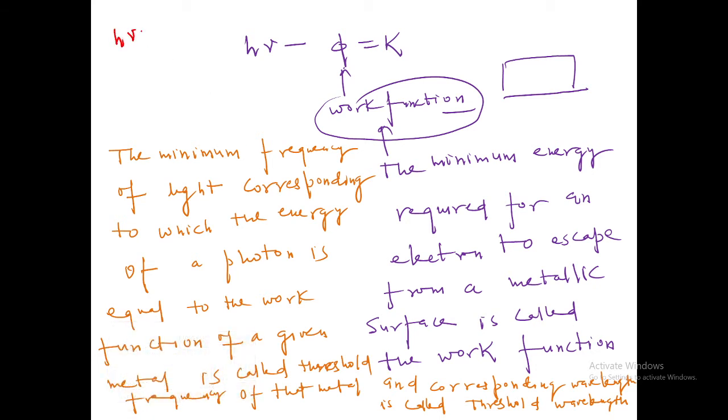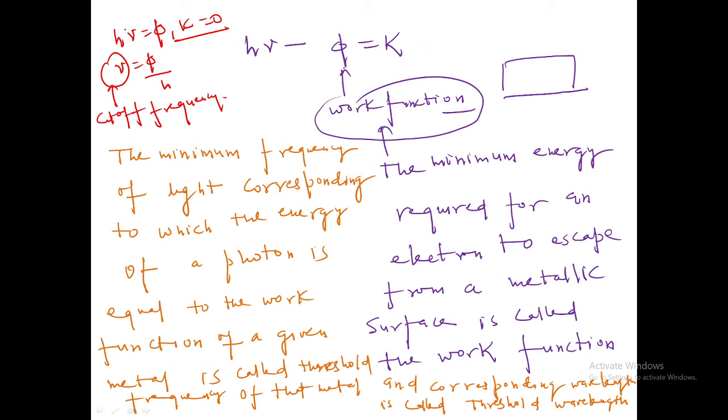when h nu is equal to phi, that is if K is 0, in that case nu is equal to phi upon h, and this is what? Cutoff frequency and corresponding wavelength.